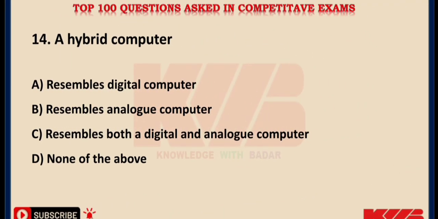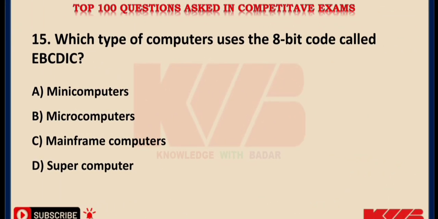The next question. A hybrid computer resembles digital computer, resembles analog computer, resembles both a digital and an analog computer? None of the above. And the correct answer is resembles both a digital and analog computer. Next question. Which type of computers uses the 8-bit code called EBCDIC?